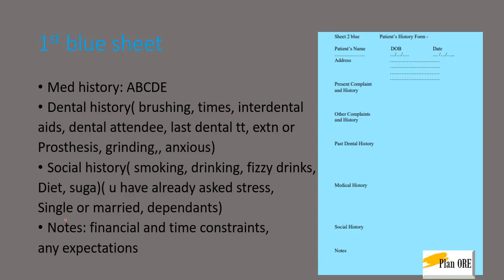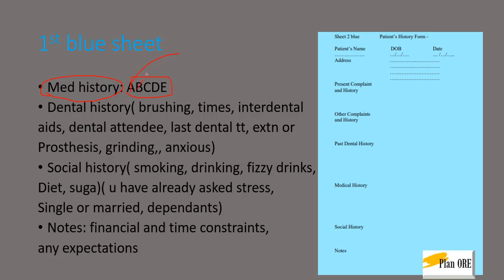You next go on to the medical history, where you can ask about any medical diseases he has or whether his family is suffering from any. So there is a proper mnemonic for it.